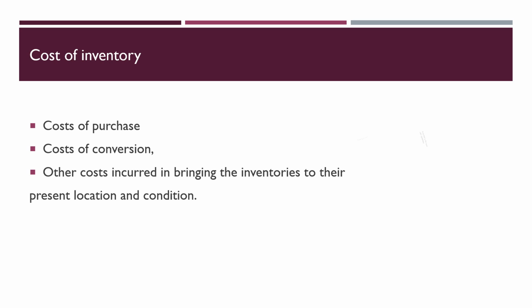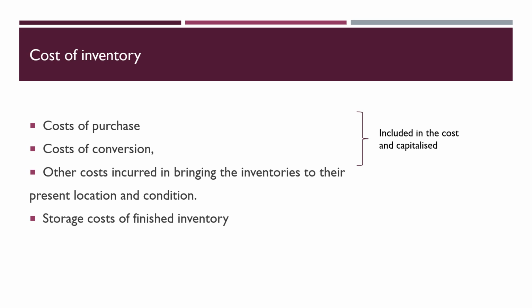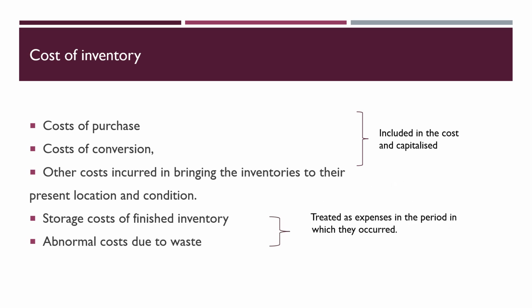These costs are included in the cost of inventory, capitalized and reflected in the statement of financial position. Whereas storage cost of finished inventory as well as abnormal cost due to wastage is treated as an expense in the period in which they occurred in the income statement.